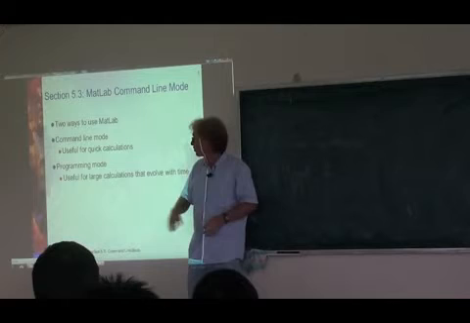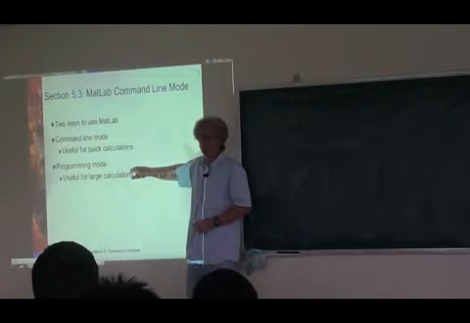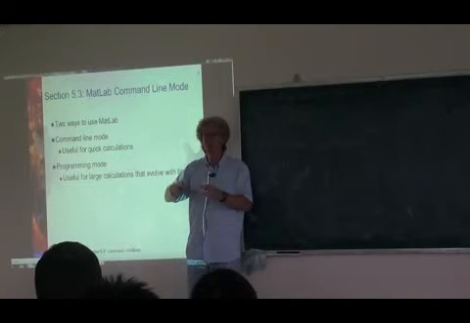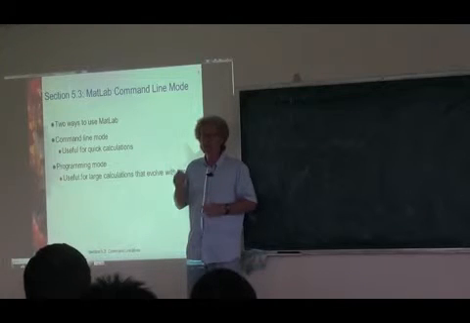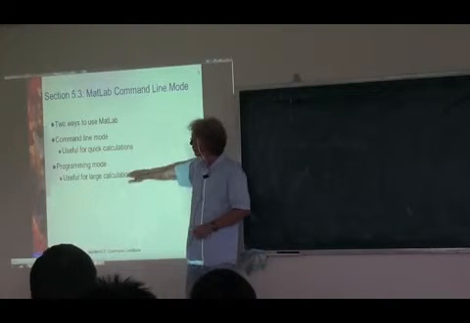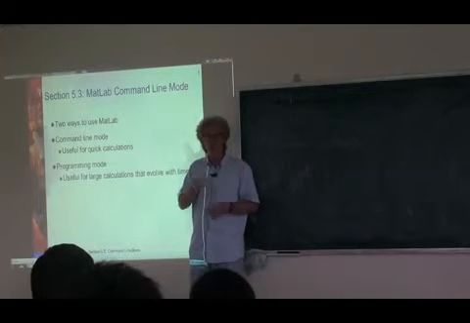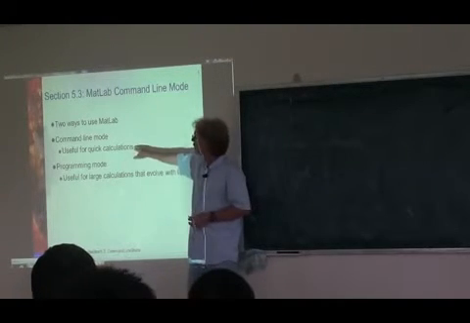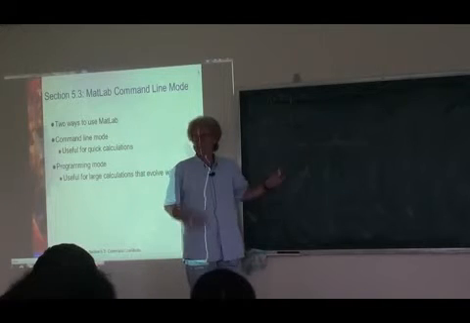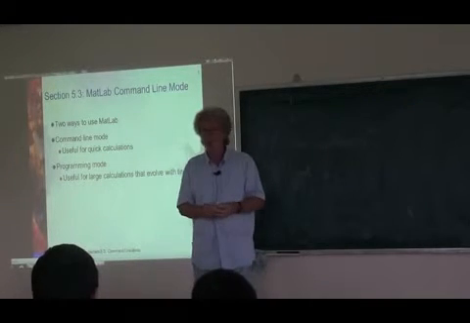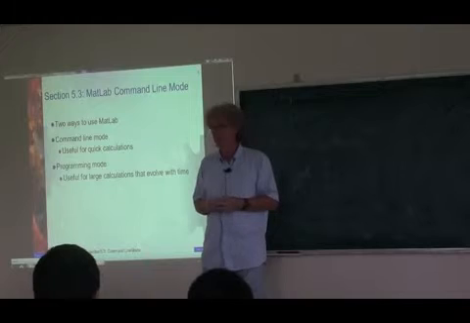Or you can write programs like you do in C++, and you can save the program and run it later. If you know at the start that you want to save it, it's probably a good idea to write a program. But even if you don't know at the time you're starting, you can always do this save and come back to it later. Is there any question about that?